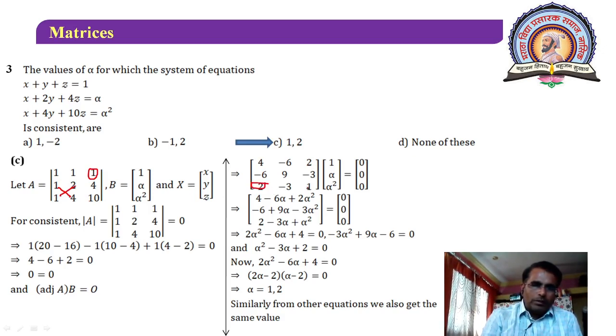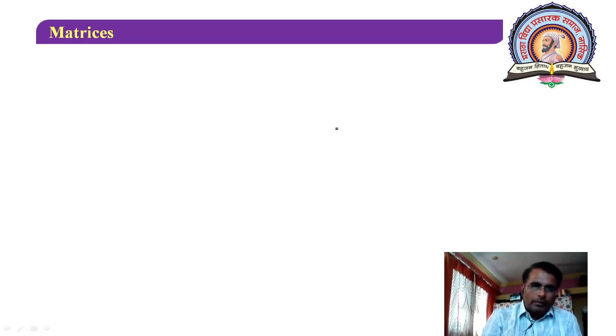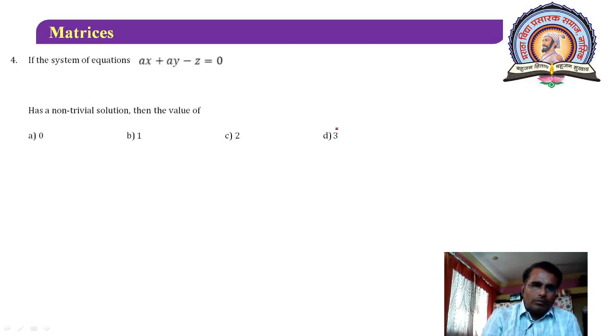Since the given matrix is symmetric, the adjoint is also symmetric. After solving you will observe that the values of alpha are 1 and 2, and that's why C is the correct option. Clear?